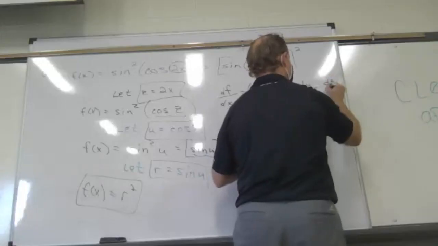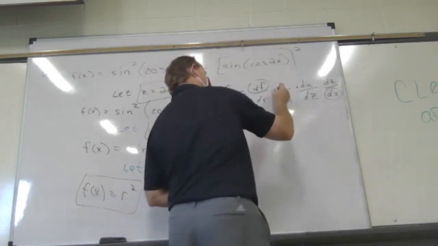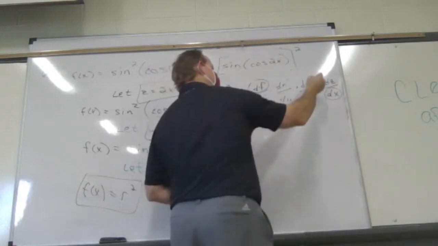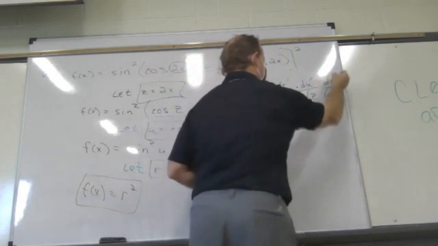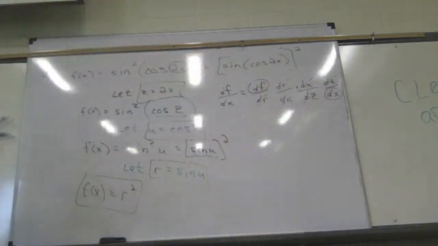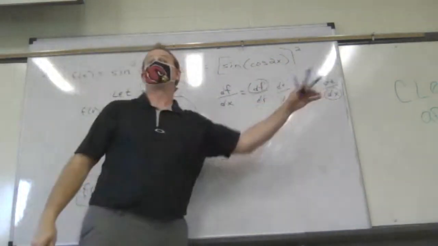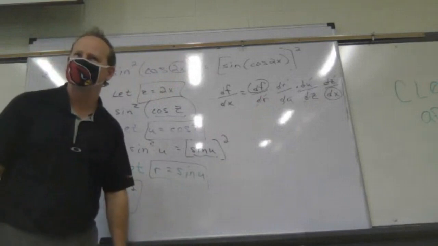It's in terms of x, so I can take it times dz dx, the derivative of z with respect to x. And all these in the middle essentially cancel out, right? Essentially is how we're thinking of the chain rule. They don't really, but I mean, they kind of do. So anyway, basically we're trying to do all that. And this is using the dummy variable, but you can see this is a lot more involved version of it.